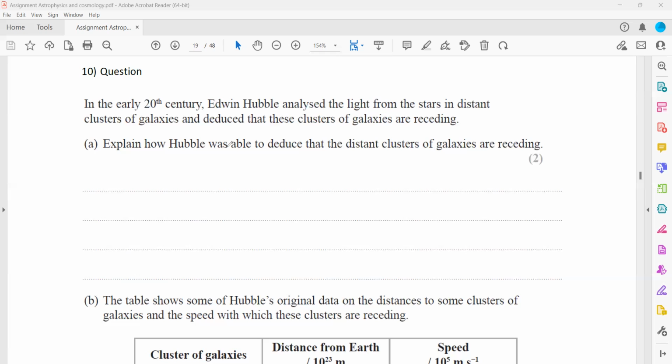Most of the galaxies were giving a redshift. Redshift means the wavelength which we observe was increasing. If the wavelength is increasing, it means they are moving away from us. If it was a blueshift, then it means it is moving closer to us.